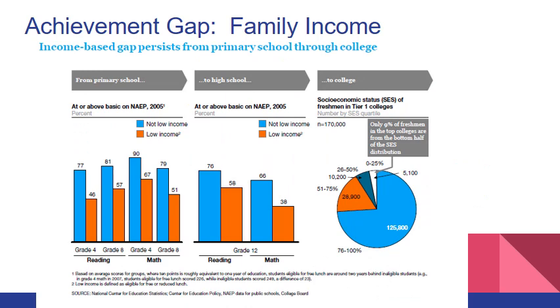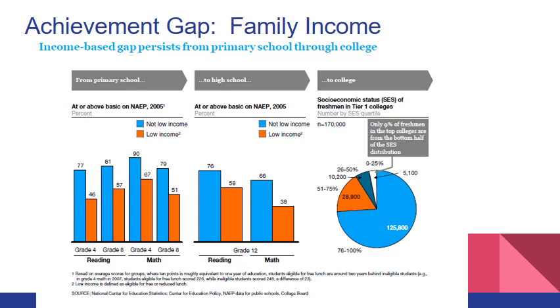This slide further explains that on the NAEP, which we discussed before, that national achievement test that's given throughout the nation and across several grades, students who are low income perform at least 20 points below students who are not low income or students who are middle class or higher in terms of income levels.